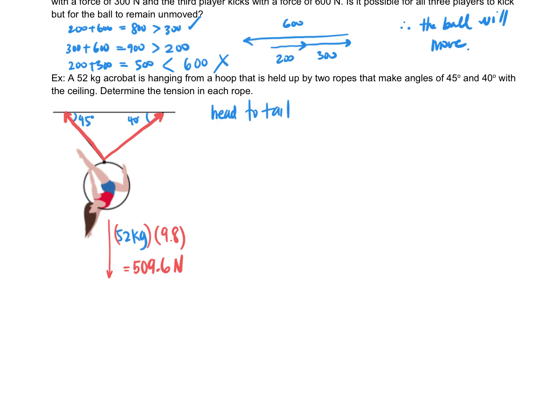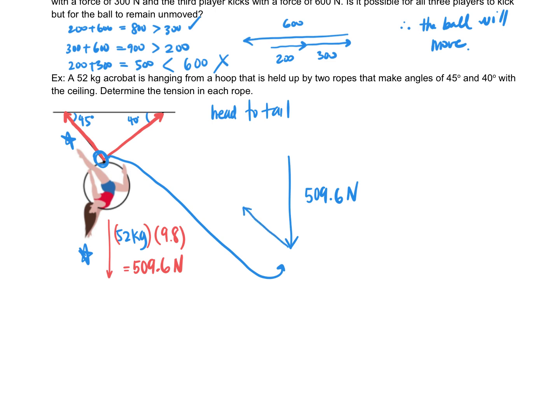So I'm choosing to start off with this gravitational force. So I'm just going to draw it. Here it is. Here's its force. Then I'm going to take the first tension rope, this one here, and I'm going to take its tail and drag it to the head of the gravitational force.